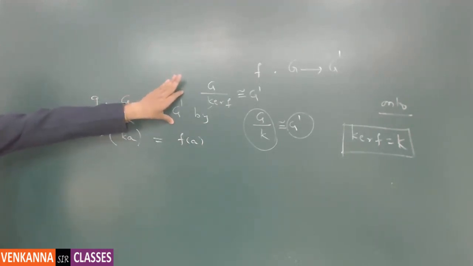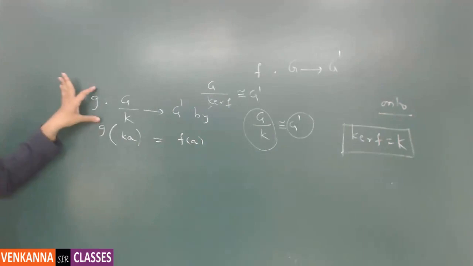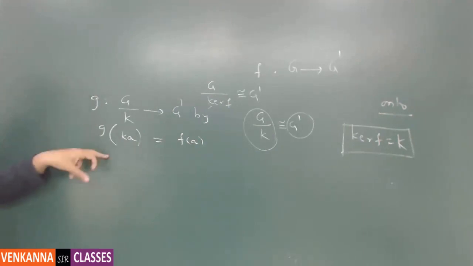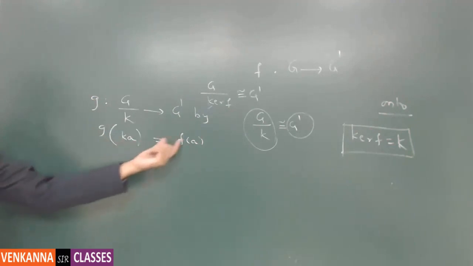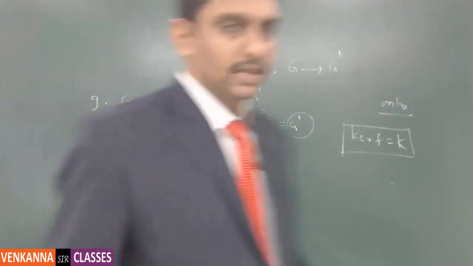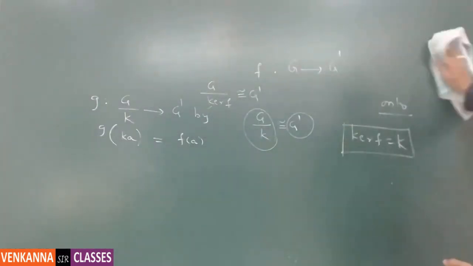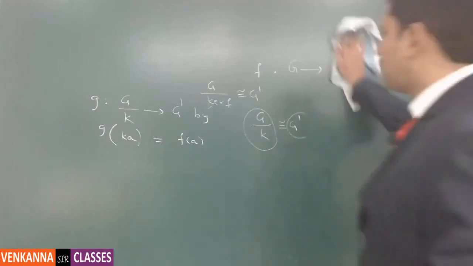What kind of images will be there in G dash? It contains only f images, of elements taken in G. So g of Ka is equal to f of a. This is the way I am defining the function. Any confusion in this definition? How have we arrived at this?